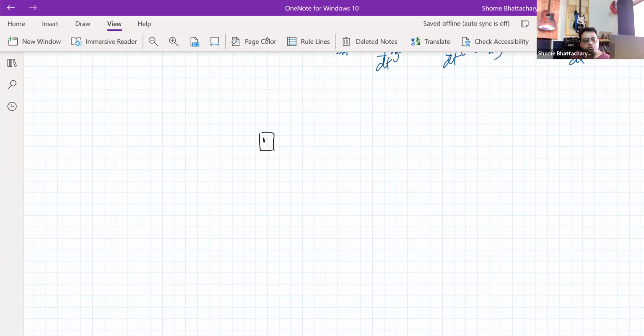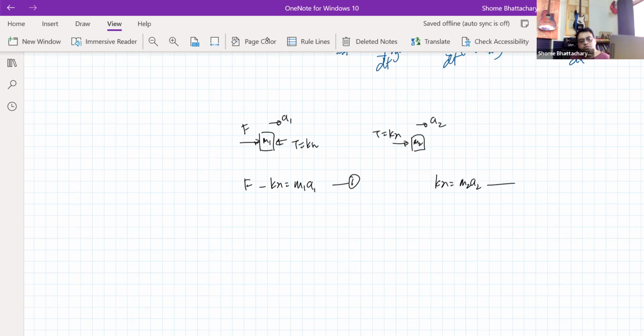On the first block, F is acting and spring force Kx is acting, and it has some acceleration A1. On the second block, only spring force is acting. Vertical forces I'm not showing because they are balancing out anyway. So I have F minus Kx is equal to M1 A1, and I have Kx is equal to M2 A2.